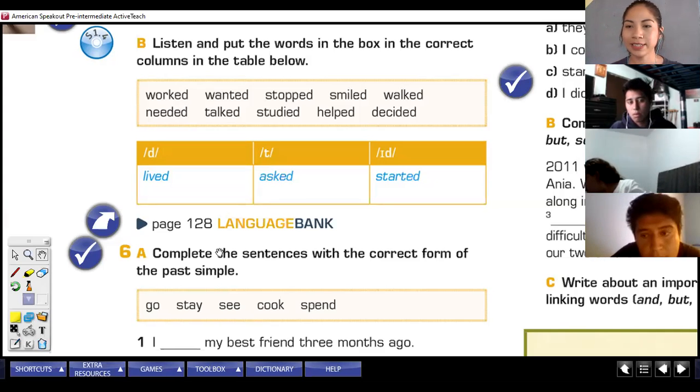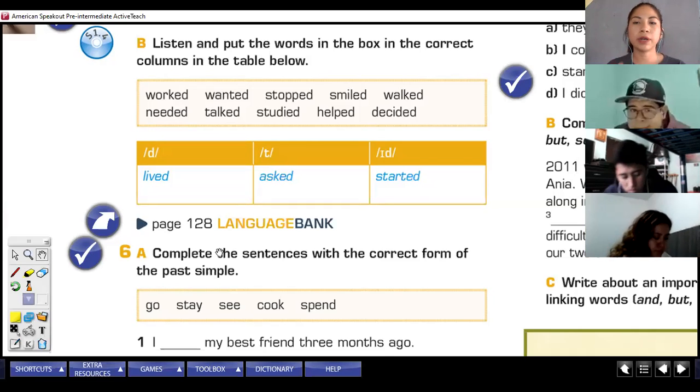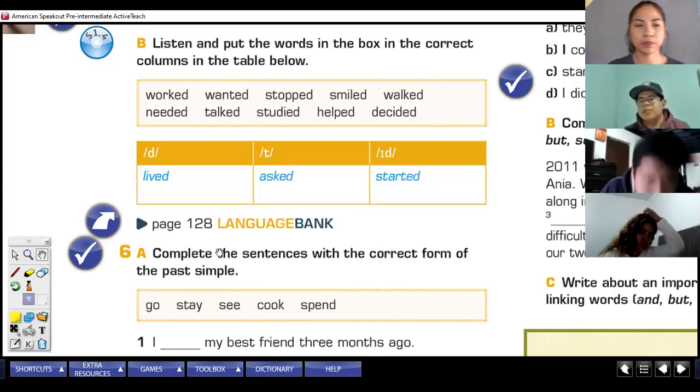Ready? Yes? So please listen and write the verb in the correct column.